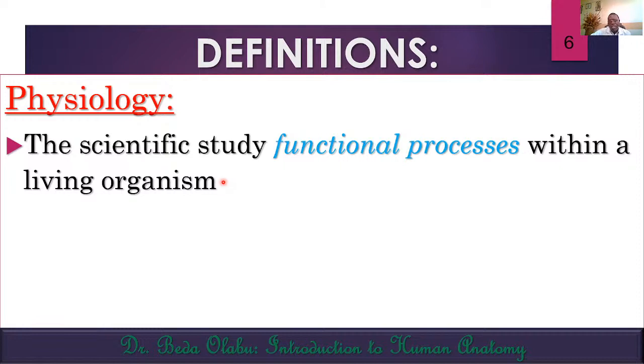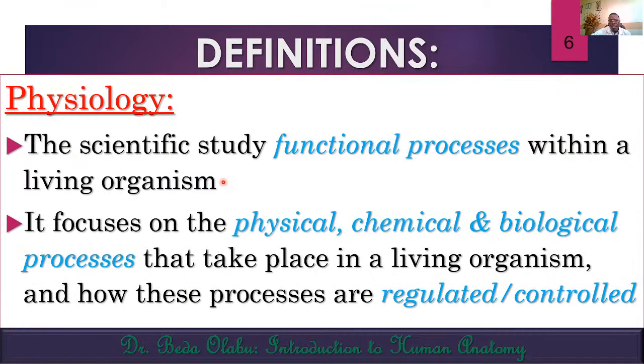Remember, anatomy focuses on the structure, but physiology now focuses on the functional processes. In particular, physiology looks at the physical, chemical, and biological processes that take place within a living organism and also looks at how these processes are controlled within this living organism.